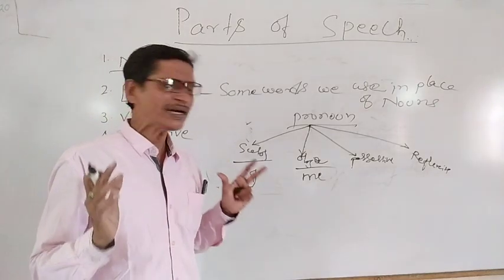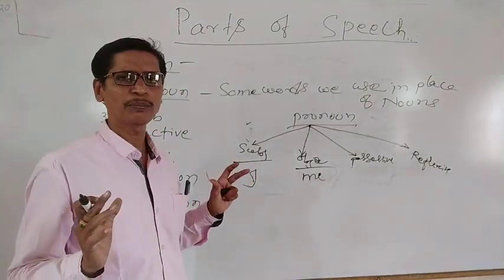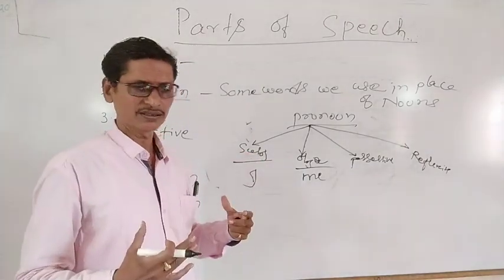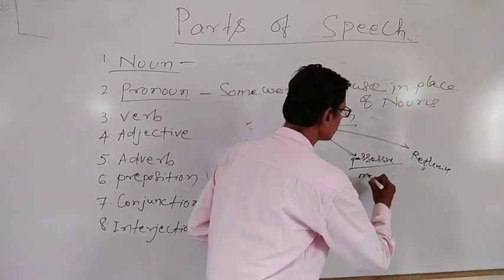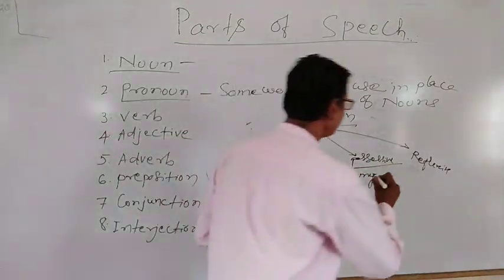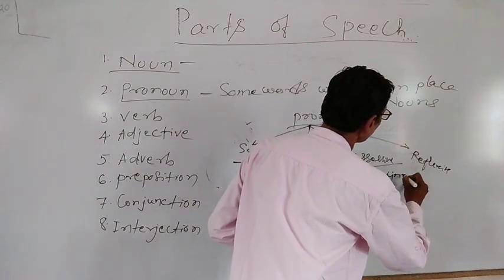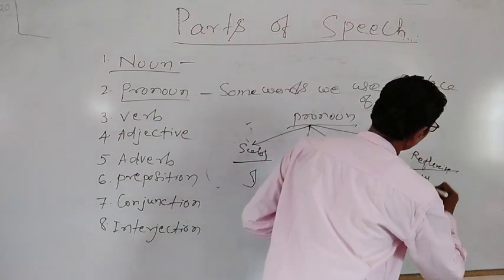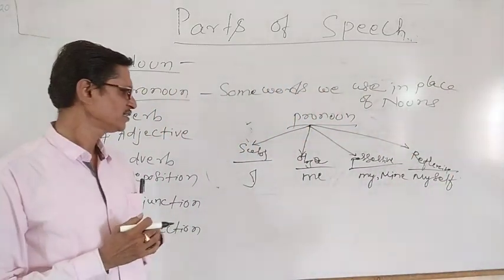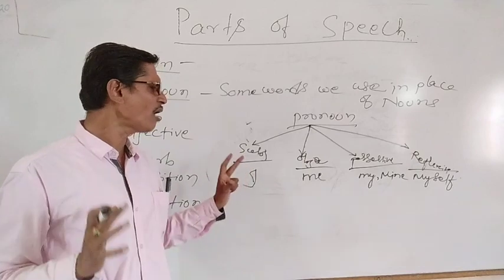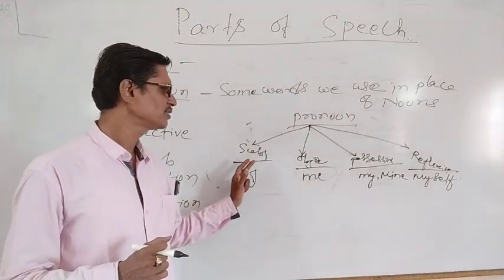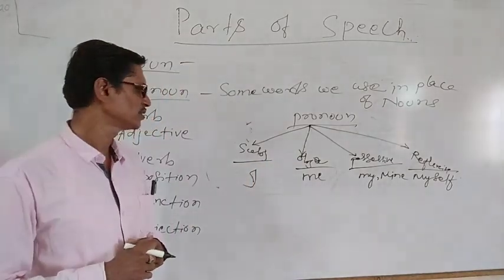When we want to use this pronoun I as possessive, then we can use my and mine, and we can also use myself as a reflexive. So a pronoun can be used in different ways.